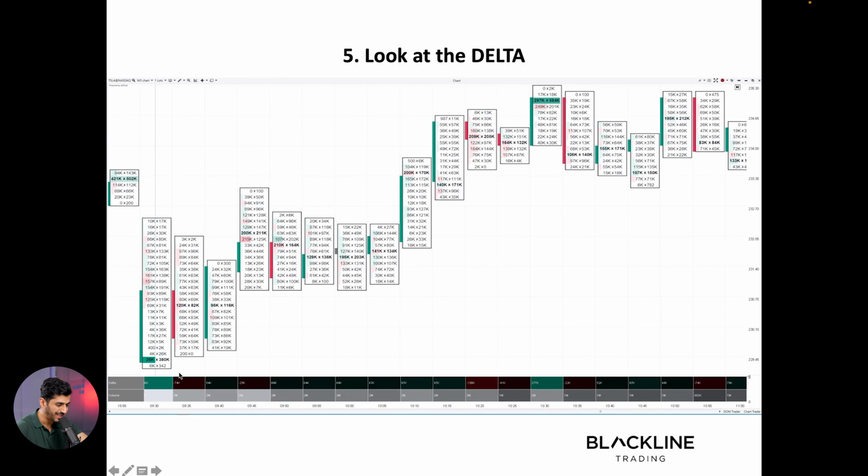Now, if you look at the delta, we are seeing a massive positive delta, positive delta, positive delta. And if you compare that delta with the volume, we are seeing massive volume being traded and being captured in every single candle. 2 million volume traded here, 2 million, 2 million, and so on. Look at all these lots until the breakout.